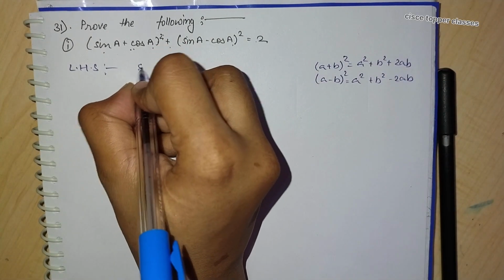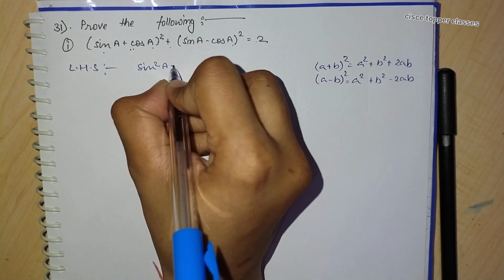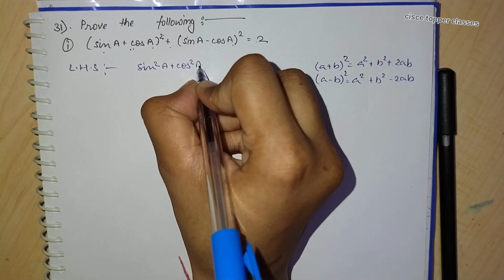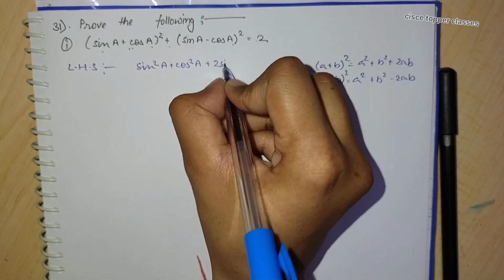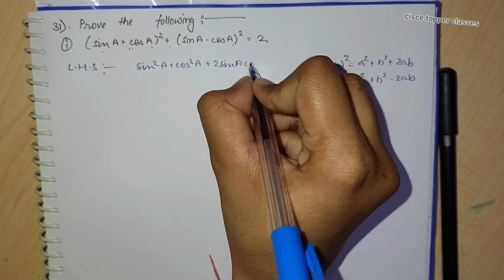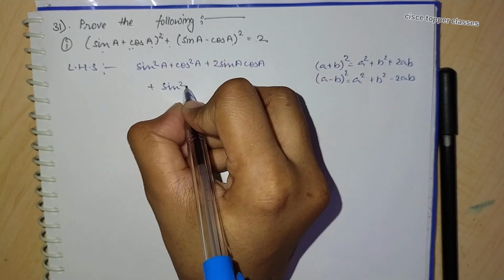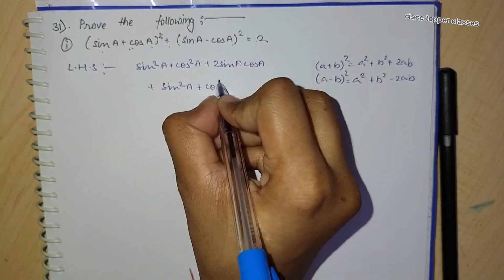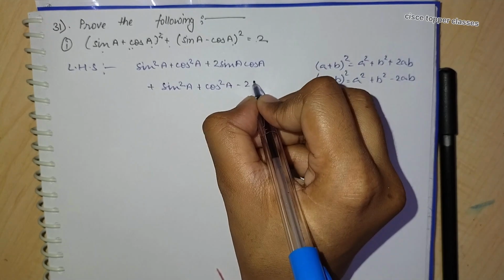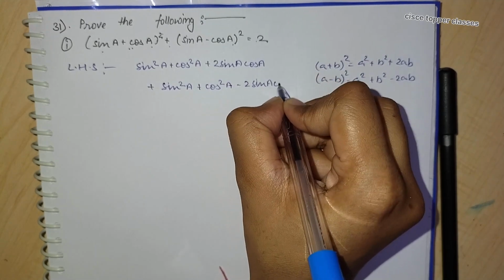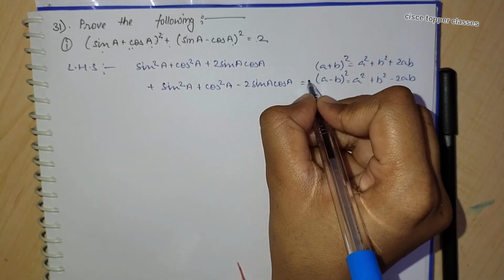So we can write this part as sin square A plus cos square A plus 2 sin A cos A, and here if we open, this will be sin square A plus cos square A minus 2 sin A cos A, which will be equal to 2.